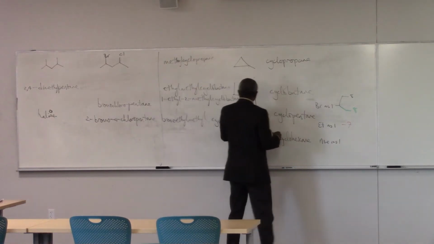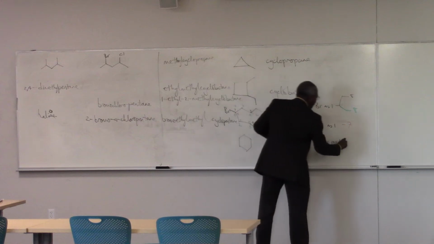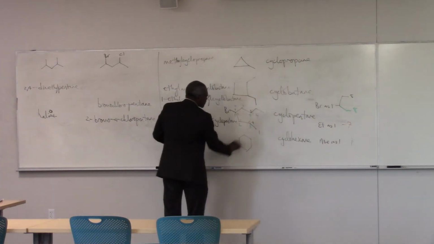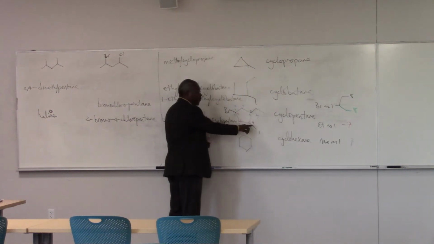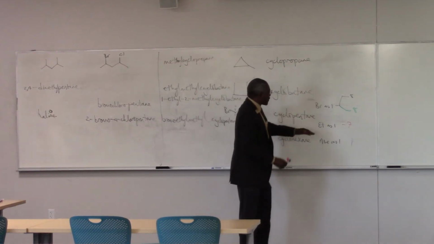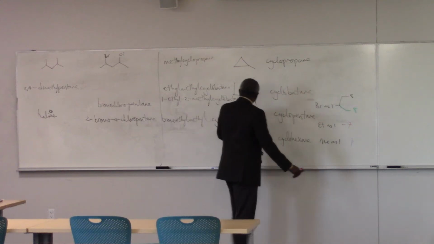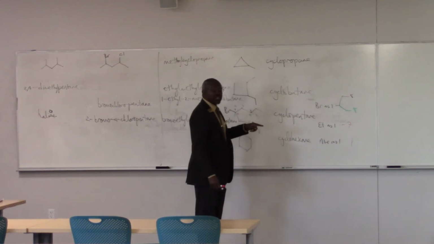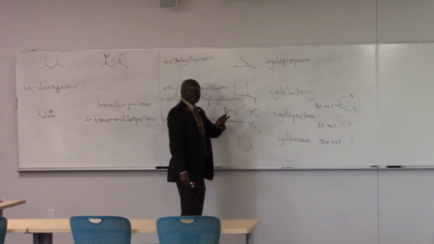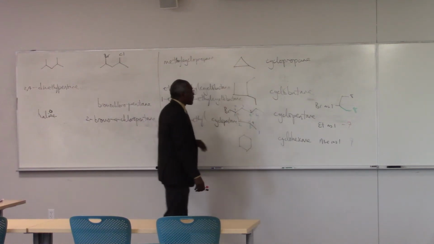So that's 1 and 2 is 3, and 4 is 7. So I'll have 7. And then obviously, it won't be as good if I went clockwise, because that's 1, 2, 3, 4, 5. So that's not good. So the smallest sum of locants arrives with either ethyl as 1, which is in the red, or methyl as 1. And they both give me the smallest sum of the locants.